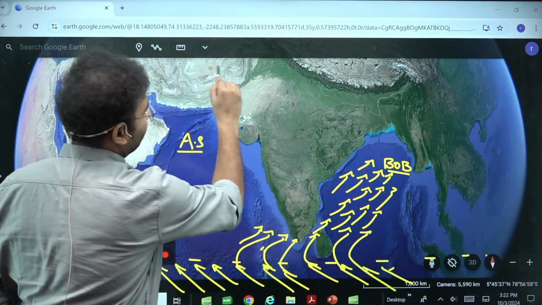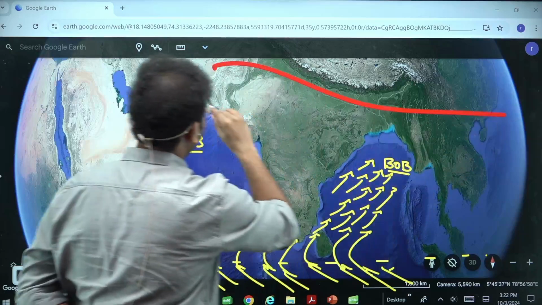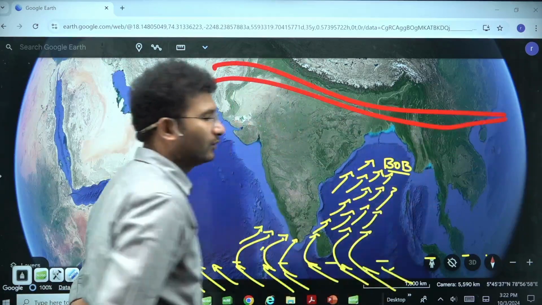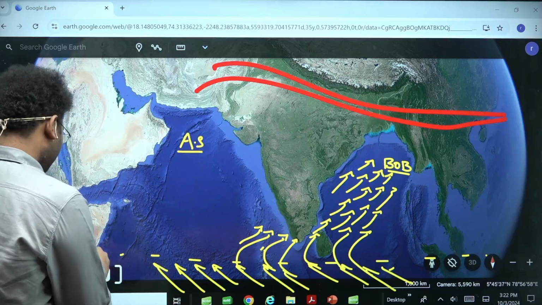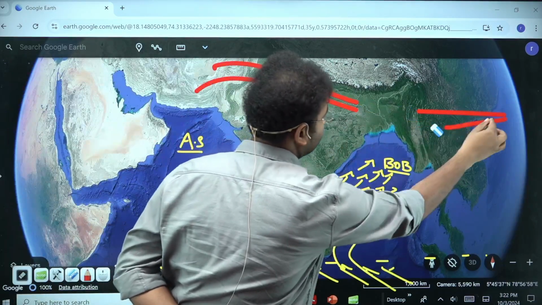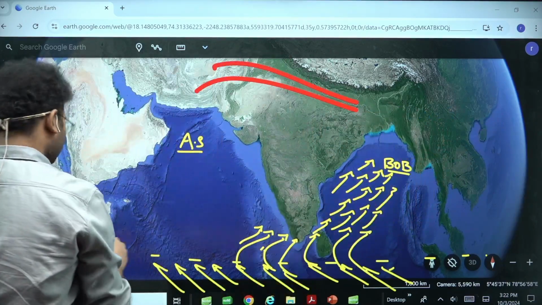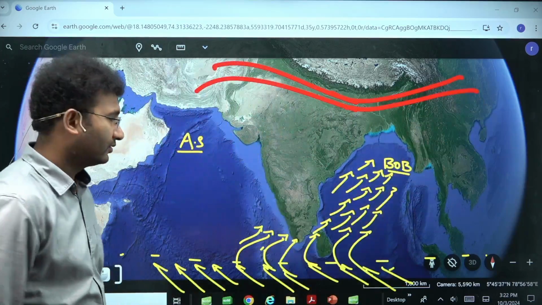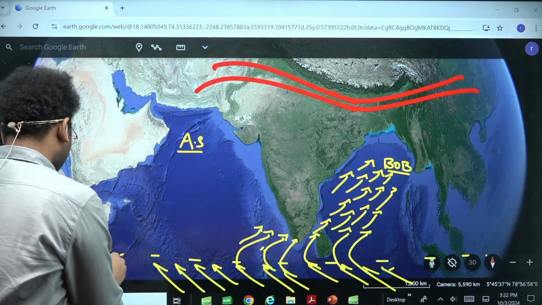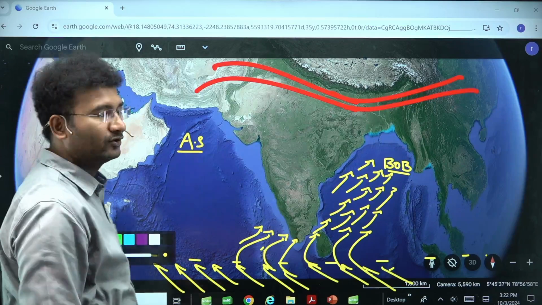Let's say your ITCZ zone is somewhere here. The winds want to move towards the ITCZ zone. So while they move, they also follow the path of the topography.